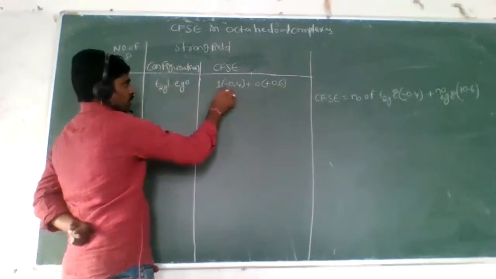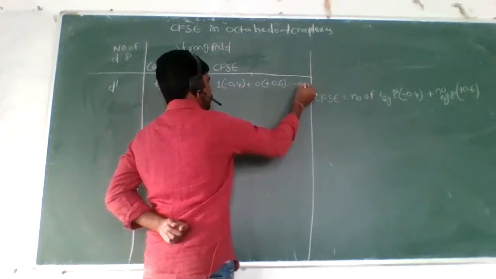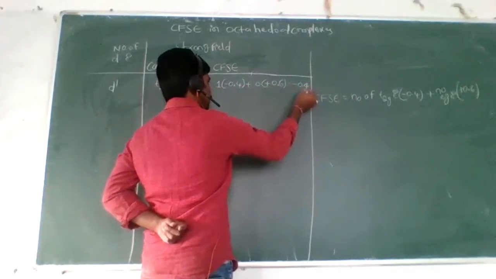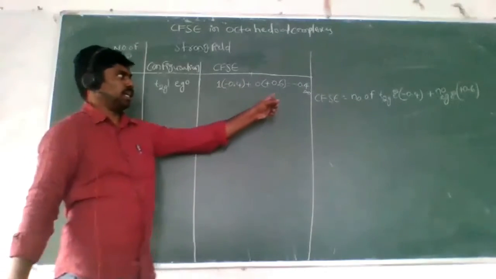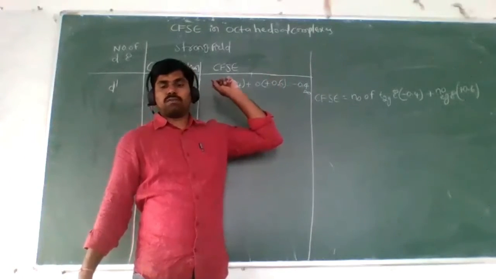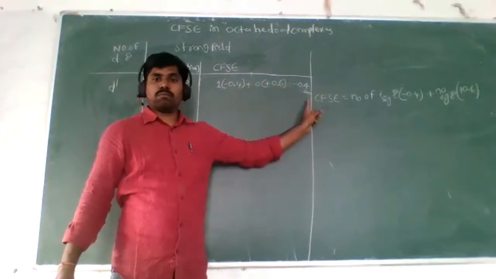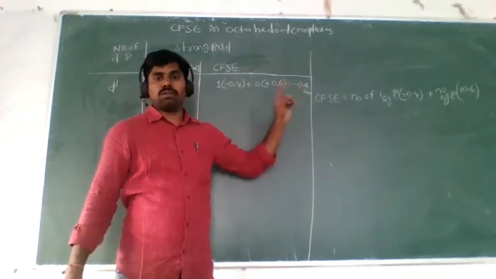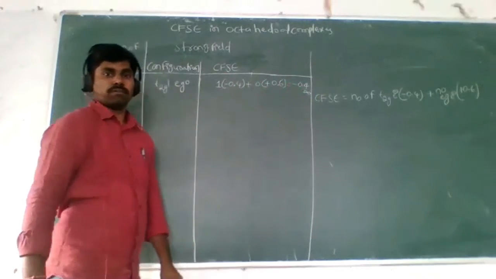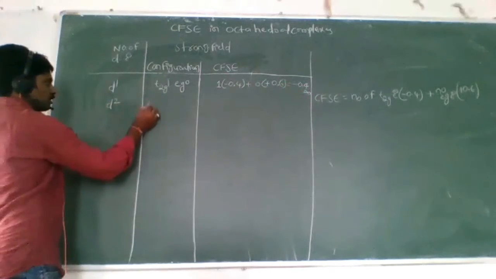That is equal to minus 0.4 delta naught. Very good. Each electron entering the T2g stabilizes the complex by minus 0.4 delta naught units. Clear?